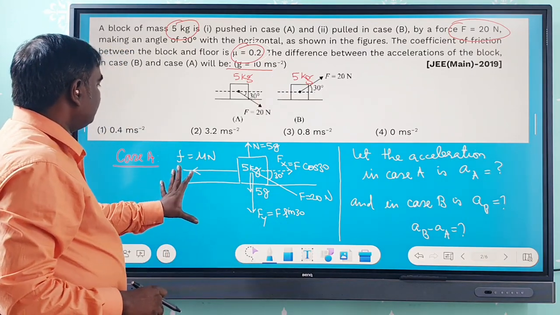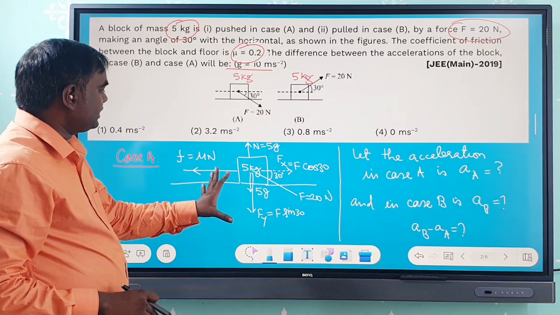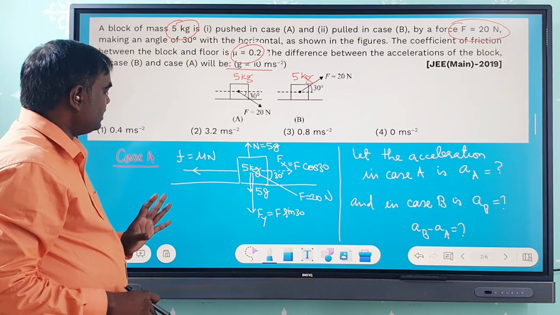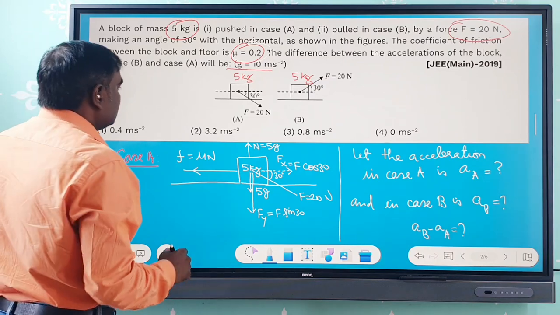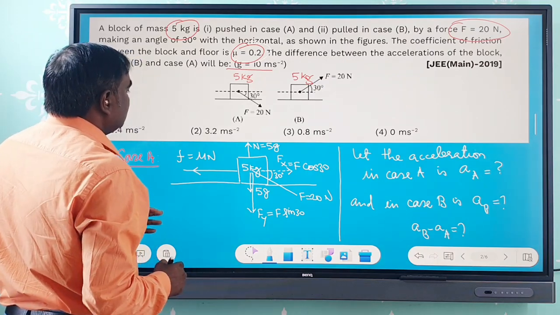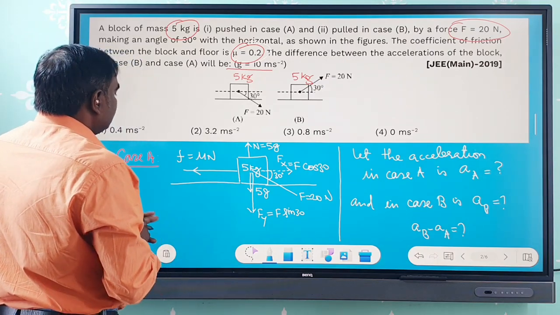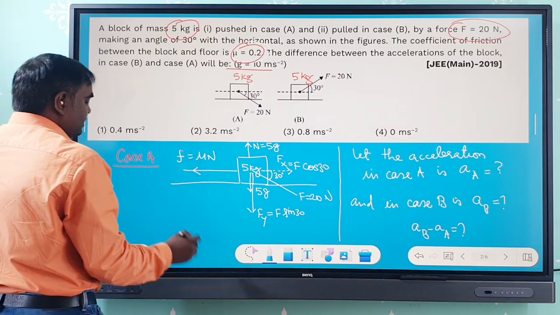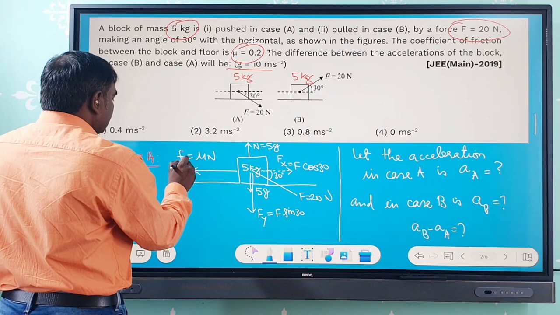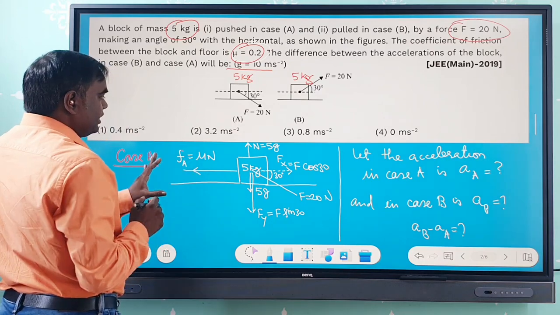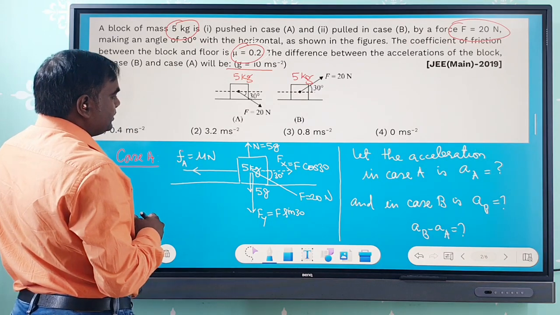So these are the forces acting on this body in case A. So for the net force, this is the frictional force in case A, Fa equals mu N, right?